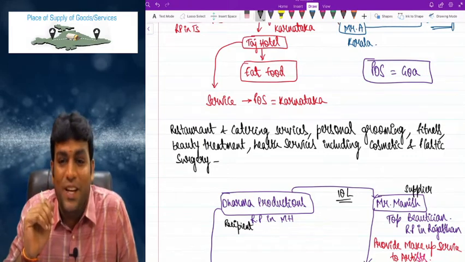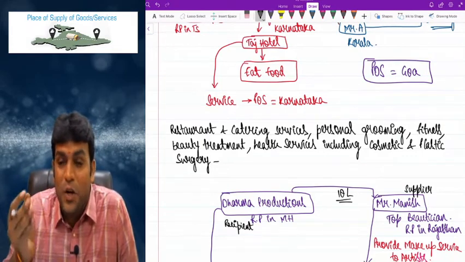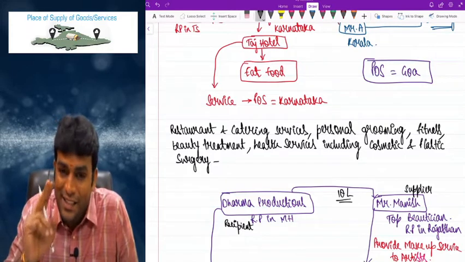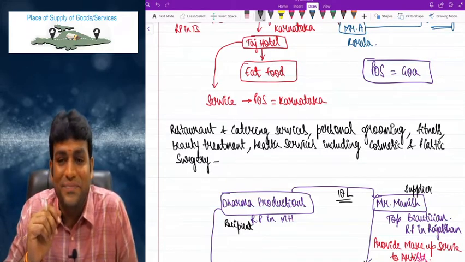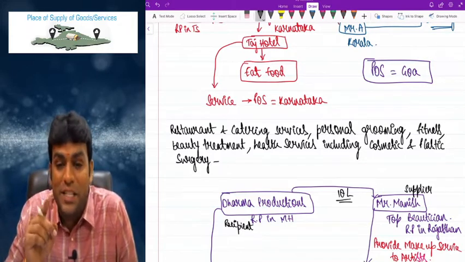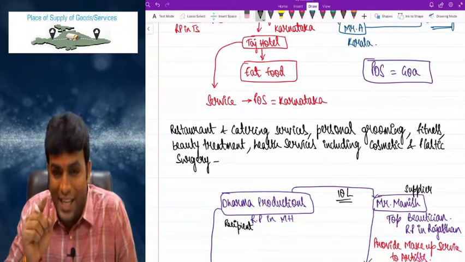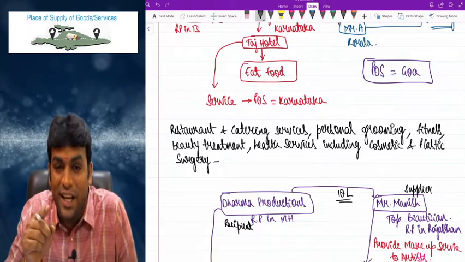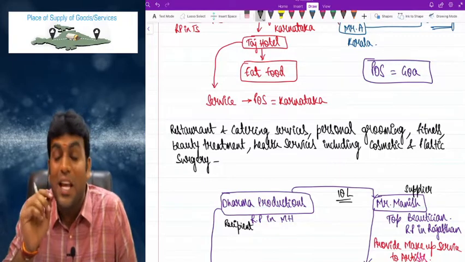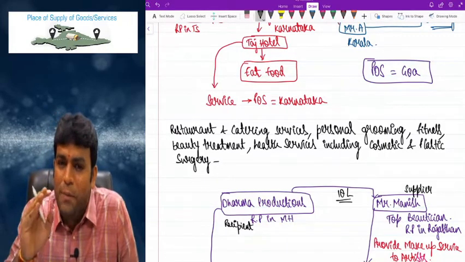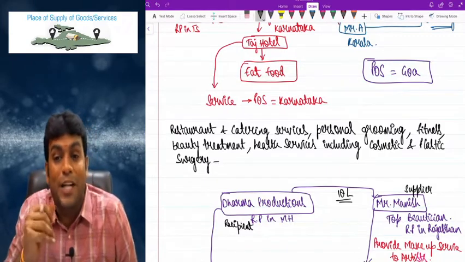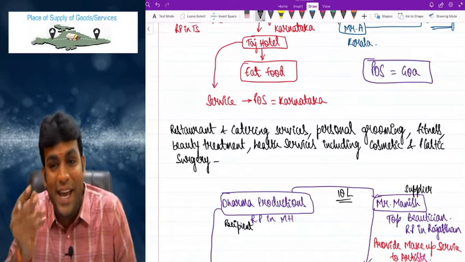As per GST law, if any person gets cosmetic or plastic surgery, it is actually taxable, my dear friends. I repeat one more time. As per GST law, if any person gets cosmetic or plastic surgery, it is actually taxable. However, if the cosmetic or plastic surgery is done as a part of treatment, then it is exempt.